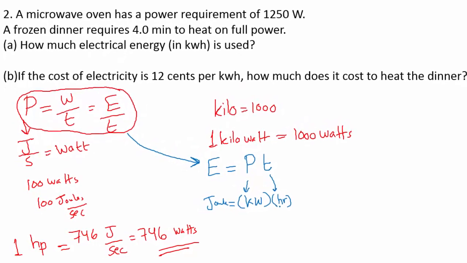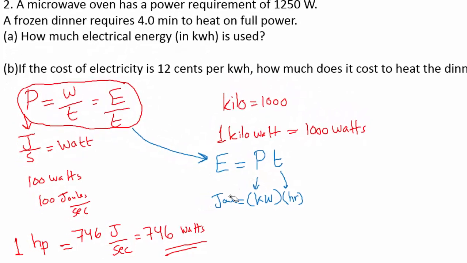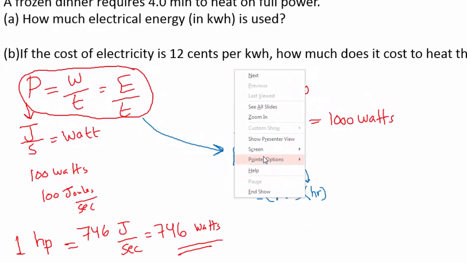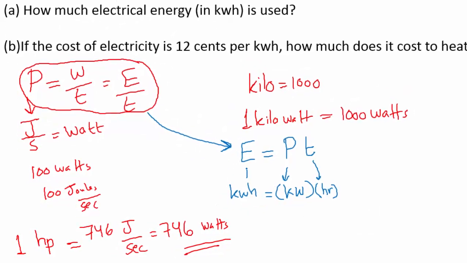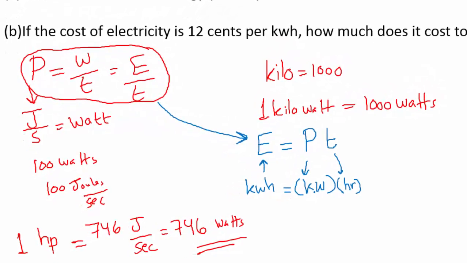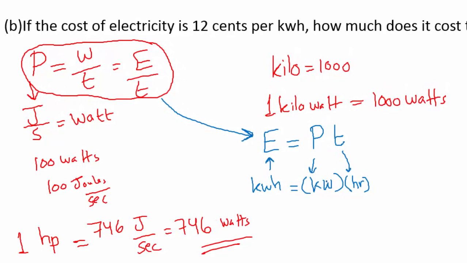And we know 1 hour is 3,600 seconds. So the unit, instead of joules, will be kilowatt hour. And kilowatt hour is a unit of energy. It's not a unit of power. Kilowatt is a unit of power. Notice here, kilowatt is a unit of power. When you multiply it by time, it will become a unit of energy.